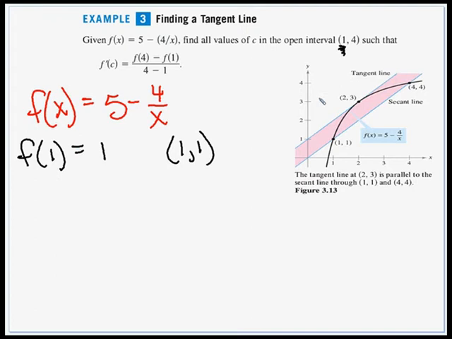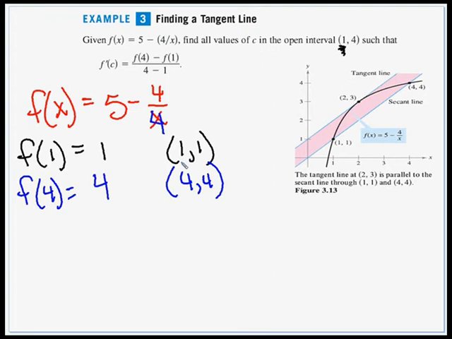And now I plug in my other endpoint, x value of 4. F of 4 is equal to 5 minus 4 divided by 4, which is 1, and 5 minus 1 is 4. So there's my other endpoint, 4, 4.